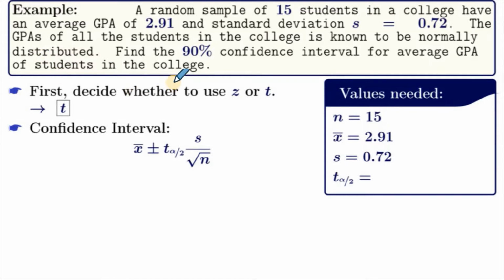Our T alpha by 2 for 90% confidence interval is 1.761. For more detail on finding critical value, please look at my other video. Now we have all these values here.